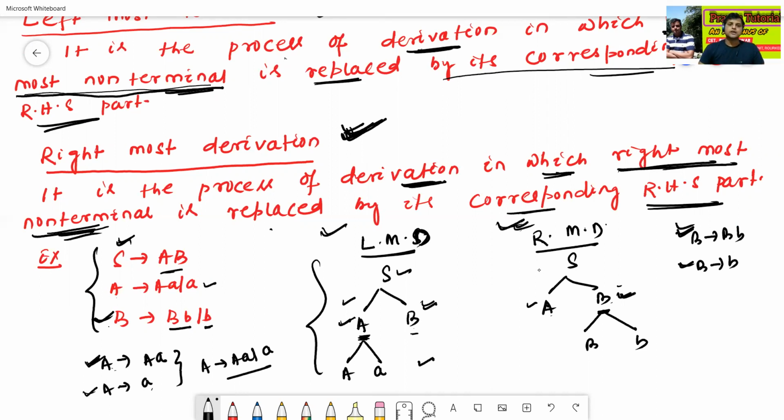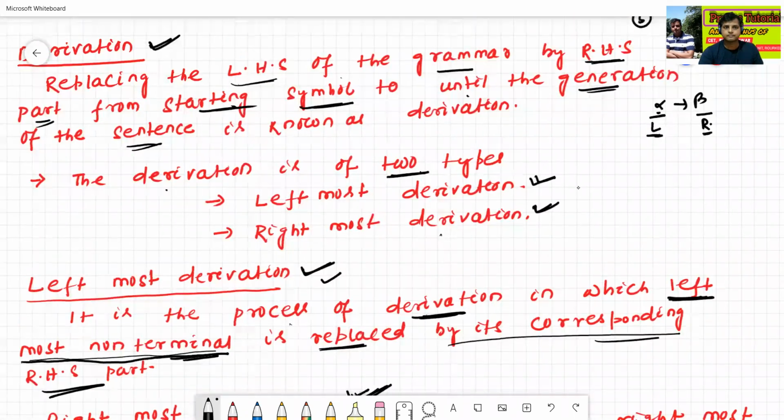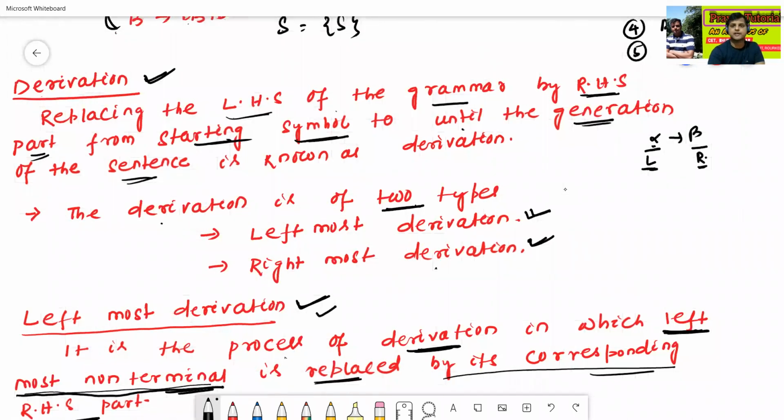Okay. So what is the meaning of derivation? Try to understand from the definition. Replacing the LHS part of the grammar by the RHS part, from the starting symbol until the generation of the sentence, is known as derivation.